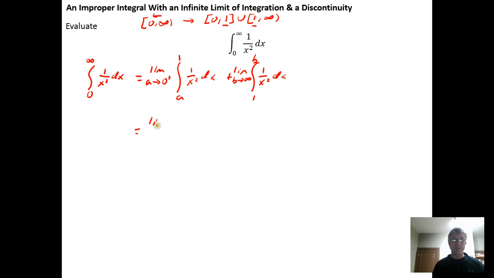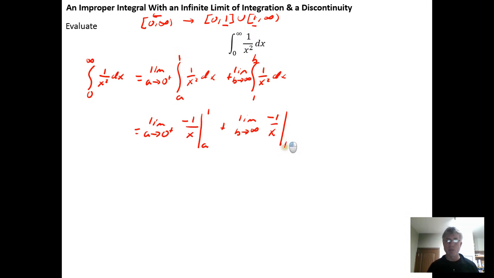So we take the limit as a goes to 0 from the positive side. We integrate this. We get negative 1 over x running from a to 1. Plus, we get the limit as b goes to infinity of negative 1 over x running from 1 to b, and then we just grind it out. We plug in the limits of integration.